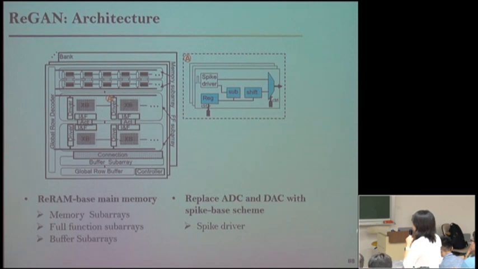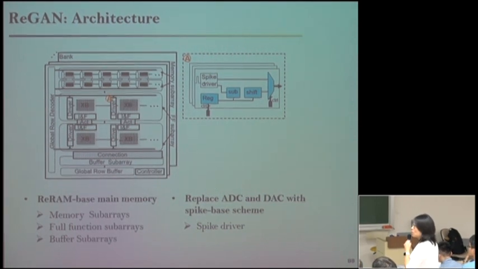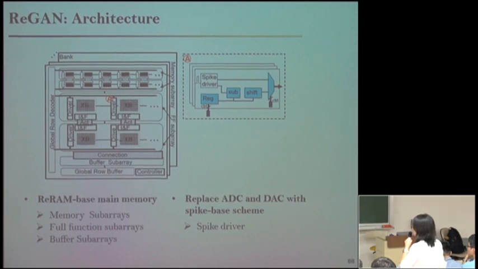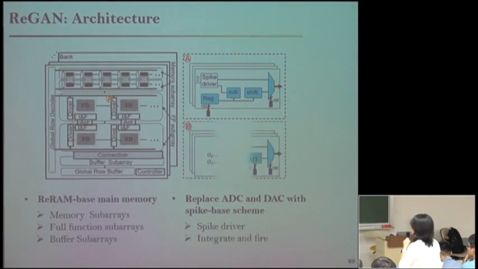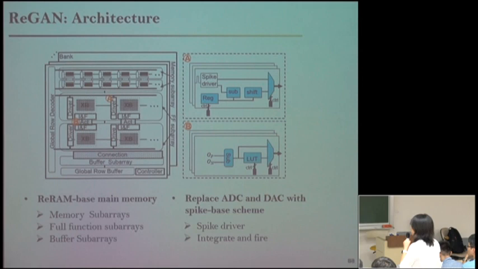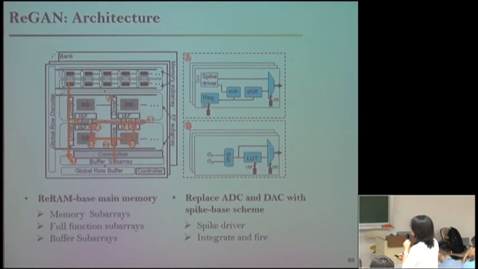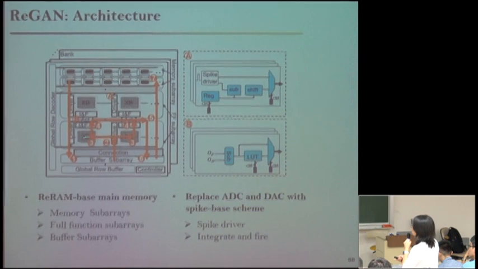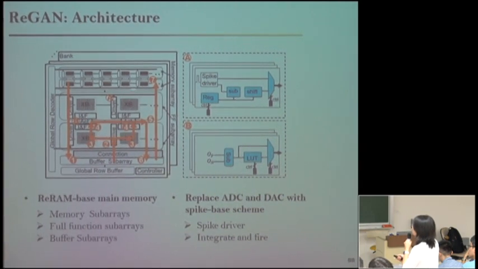Because our previous work was based on level-based designs, and in this work we changed to spike-based designs with integrated fire structures. Application-wise, we fetch the data from memory buffers to memory subarrays to the buffer subarrays, and the buffer subarrays will supply data to the drivers for the computation locally.